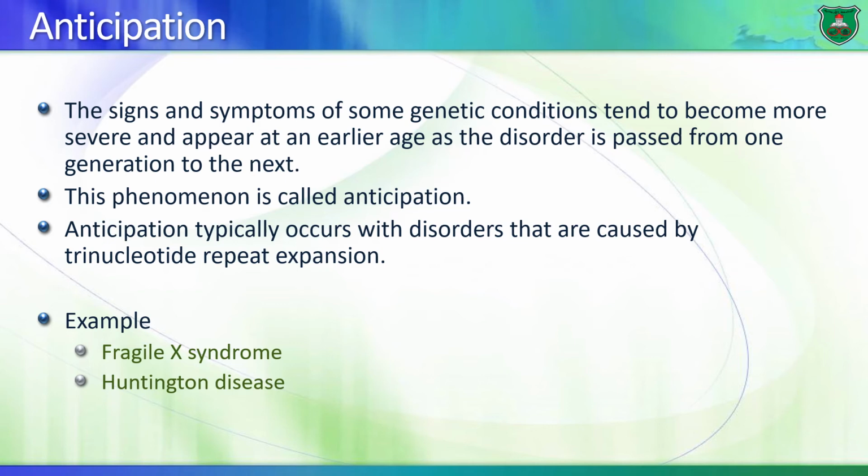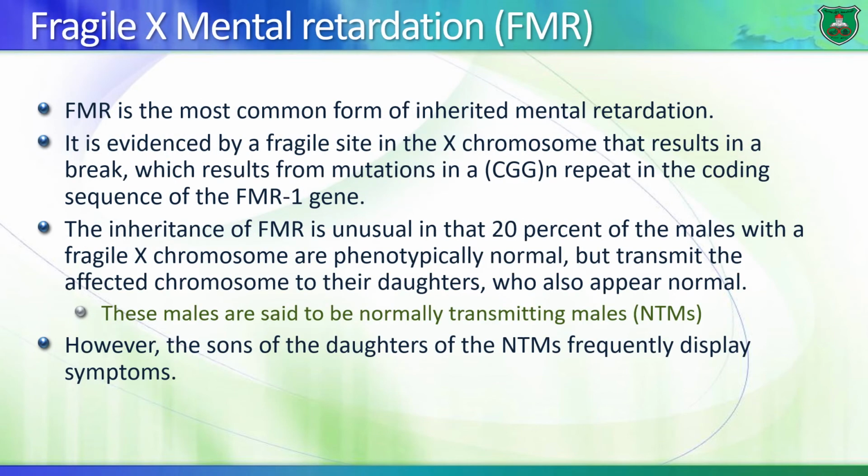Huntington disease is caused by a CAG repeat in the Huntington gene. The idea here is that with every round of DNA replication, the number of repeats would increase, resulting in increasing severity of the disease. The age of onset becomes lower, and so on.